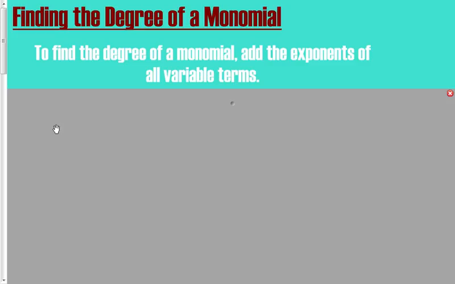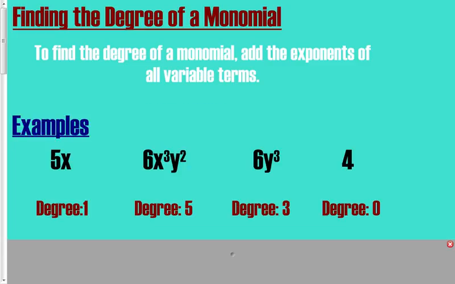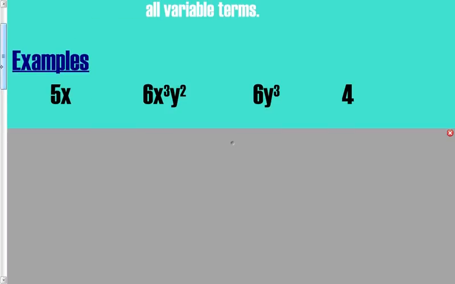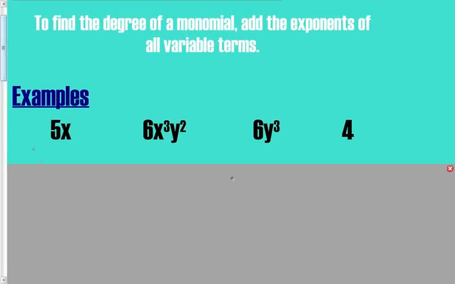So to find the degree of a monomial, we kind of just talked about it already. Add the exponents of all variable terms. So, examples here. We have 5x. The only variable is x, and that has a degree of 1. So that's where we get a degree of 1 for this one. This one we have two variables with exponents. So this one has an exponent of 3, this one has an exponent of 2.